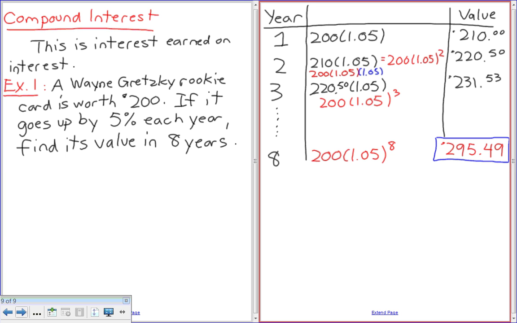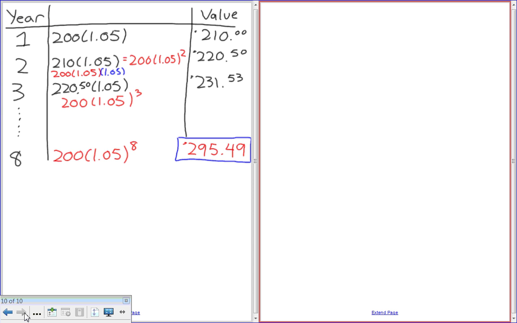Exponents are repeated multiplication, as I'm sure you're aware at this point. We're going to get our first formula. You will need to memorize this for your test.